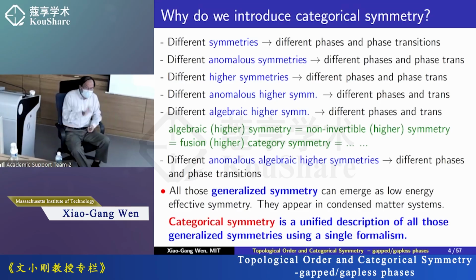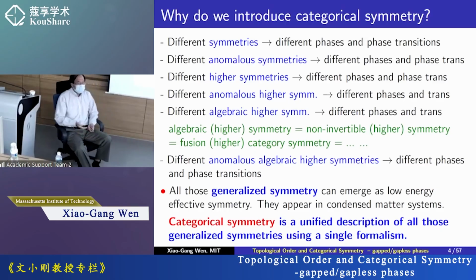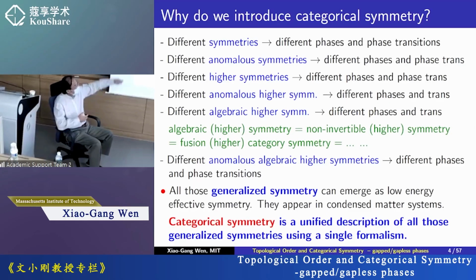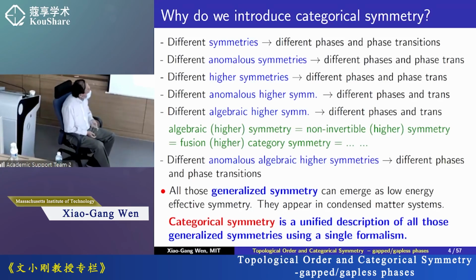So in this sense, all those symmetries are similar. They just constrain the dynamics. Then categorical symmetry is just a unified way to describe all this in the same formalism. So all those constraints on dynamics can be viewed from this point of view. It's just unifying all those symmetries in a single framework.